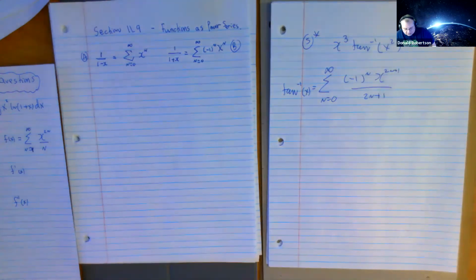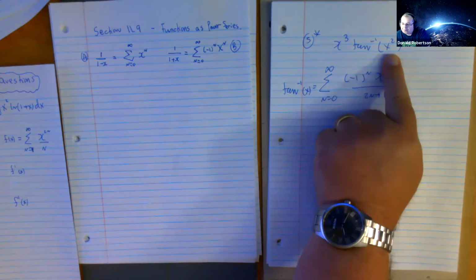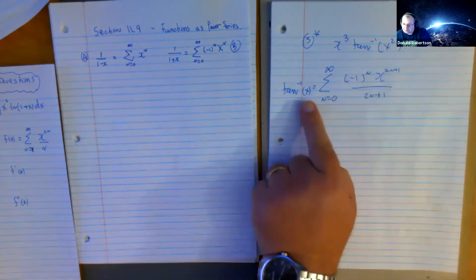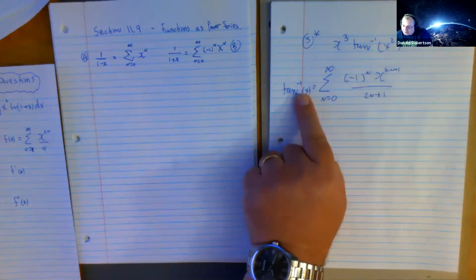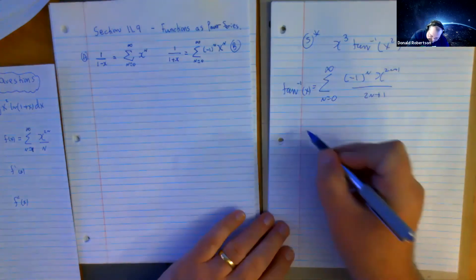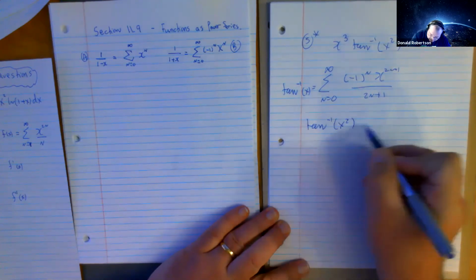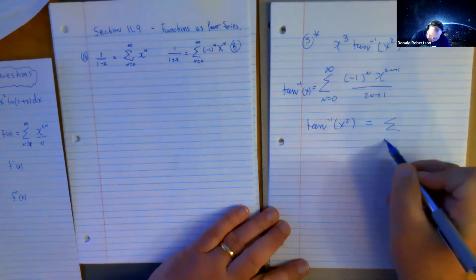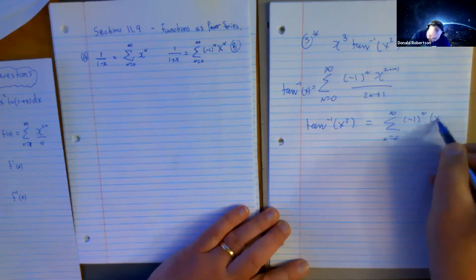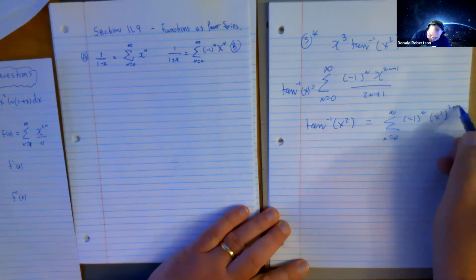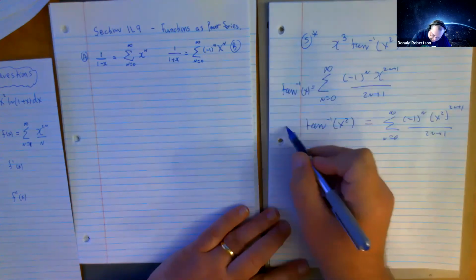Because won't I now be able to use this guy with him? And won't this be a substitution? So the inverse tan of x squared will simply just be what you get when you replace the x with x squared. And what about the x cubed?